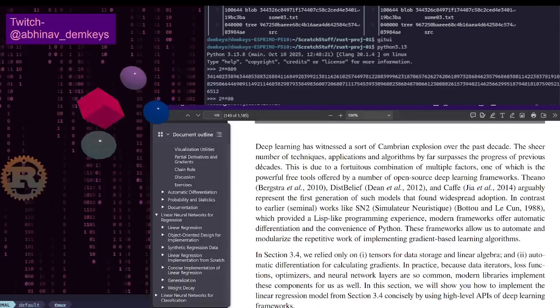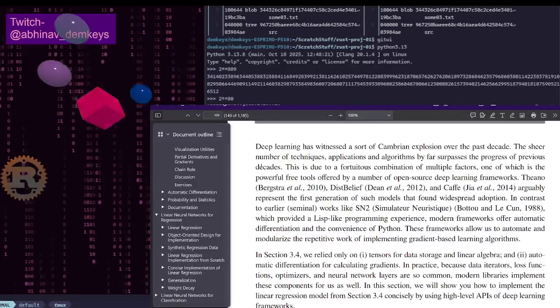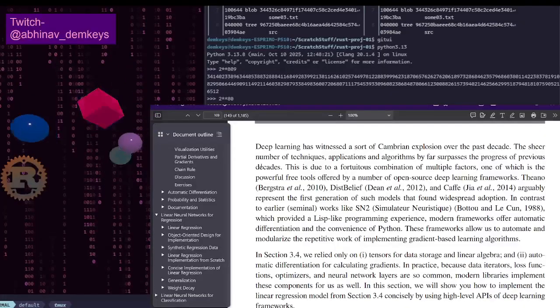In contrast to earlier seminal works like SN2, which provide a Lisp-like programming experience, modern frameworks offer automatic differentiation and the convenience of Python. These frameworks allow us to automate and modularize the repetitive work of implementing gradient-based learning algorithms.